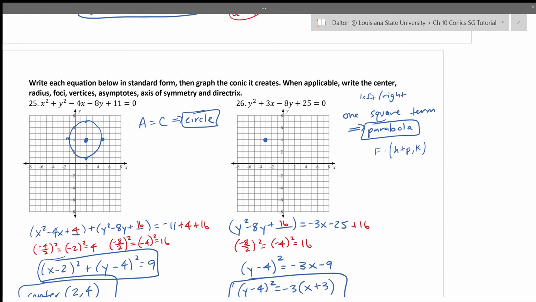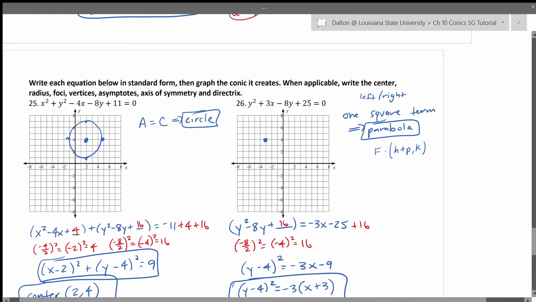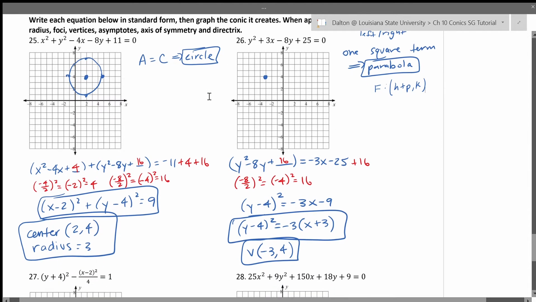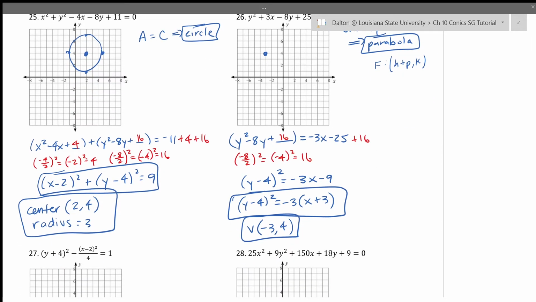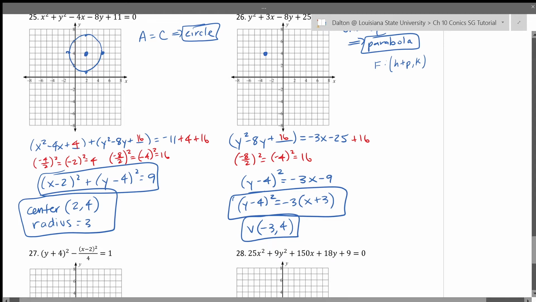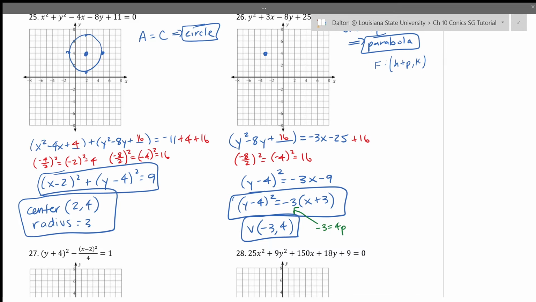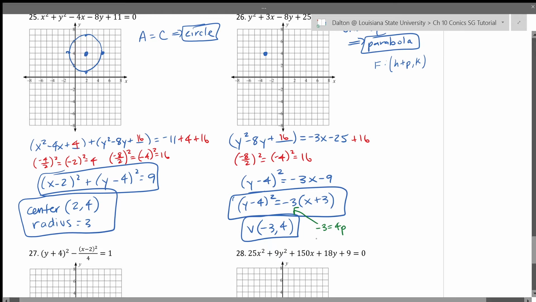Well, p does not come straight from the equation, but it comes from the coefficient to the x binomial. So we know that negative 3 is equal to 4p. Whatever's in that spot is equal to 4p. So if 4p equals negative 3, and I divide both sides by 4, then p is equal to negative 3/4.